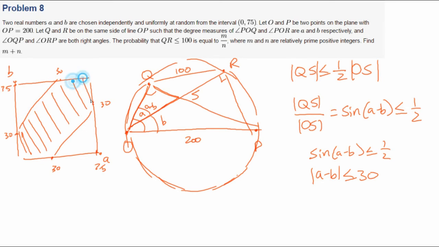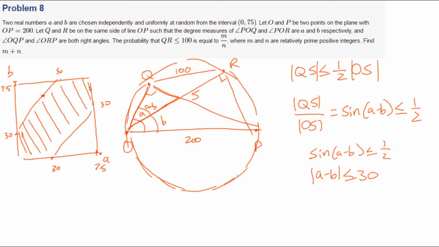Any A and B value within this strip will satisfy the condition that A minus B is less than 30. For instance, say right here, if A is 30, B can be anywhere from 60 down, right?